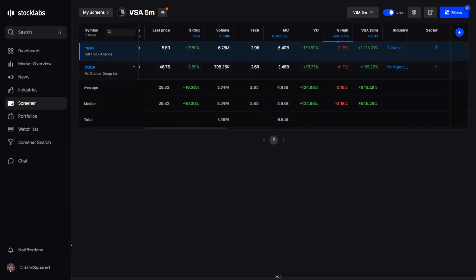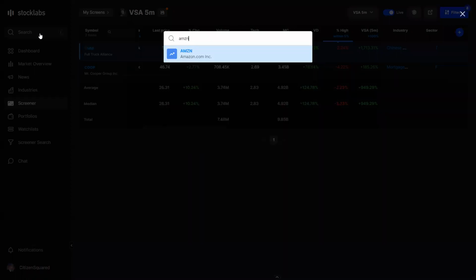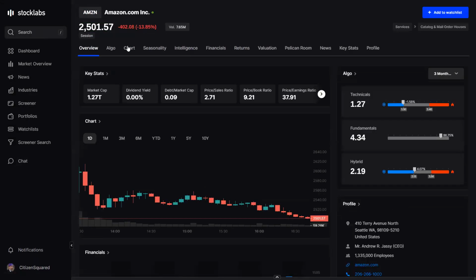Okay, let me look at these chat questions. What are the differences between hybrid score, tech score, and fundamental score? How are they calculated? Are they something similar to RSI, slow stochastic, etc.? Okay, let me go to an individual ticker.